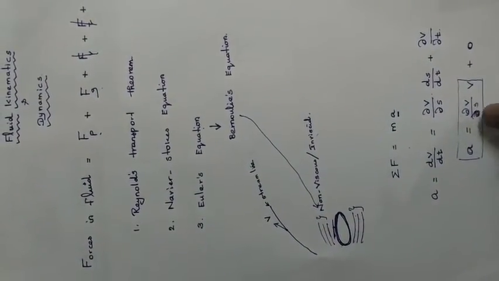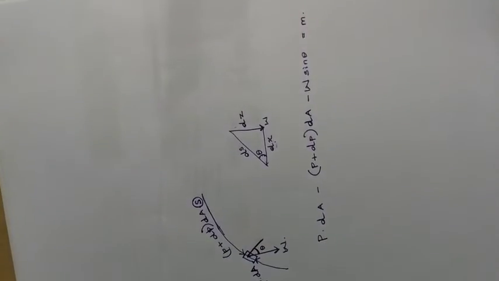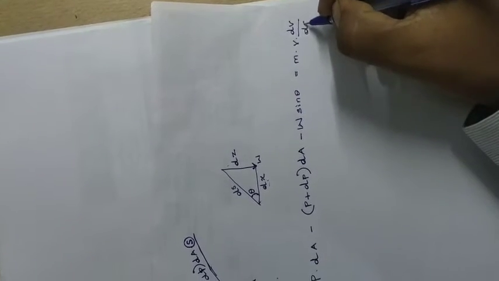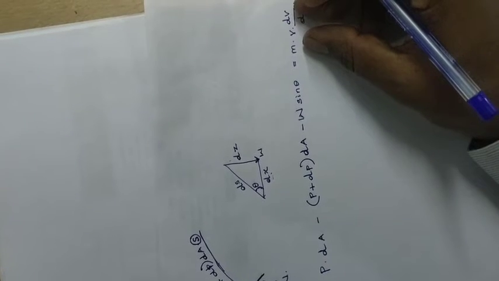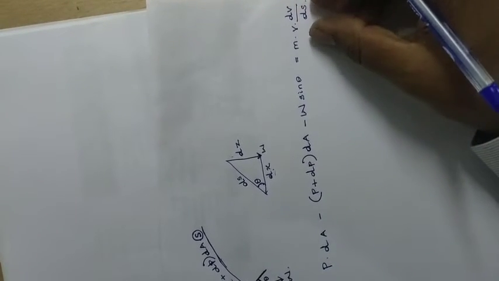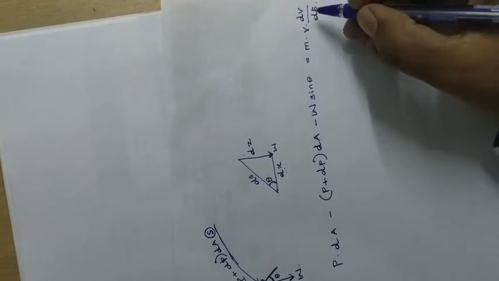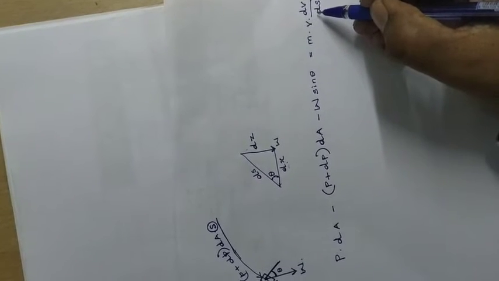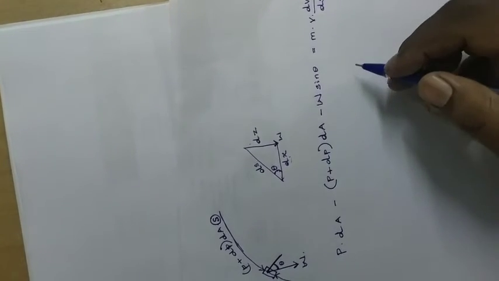V into dou V by dou S is for a single fluid particle, but you can write V into dV by ds for the whole section, for the whole amount of fluid, for all the streamline. If it is a single fluid particle you use the dou symbol, but for the whole domain you can use d.